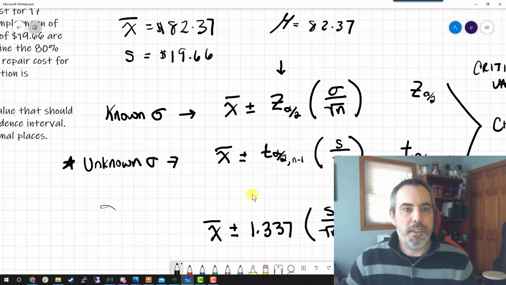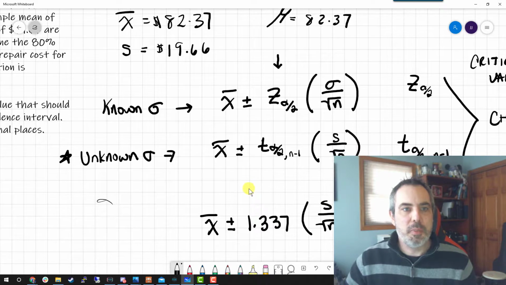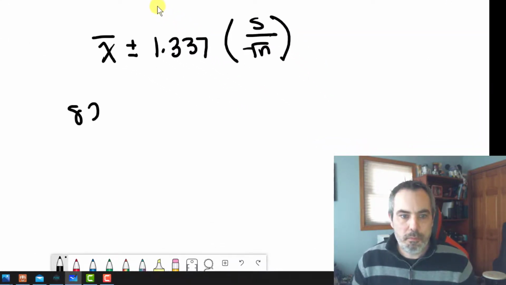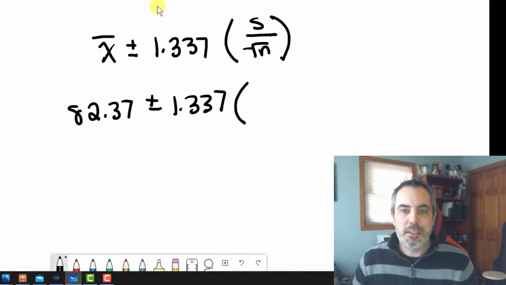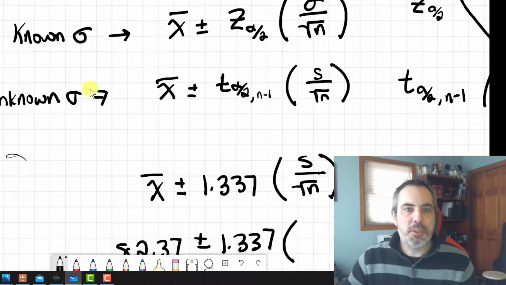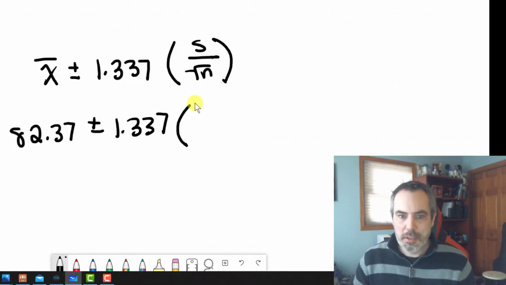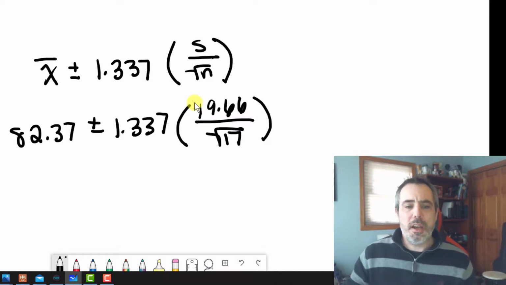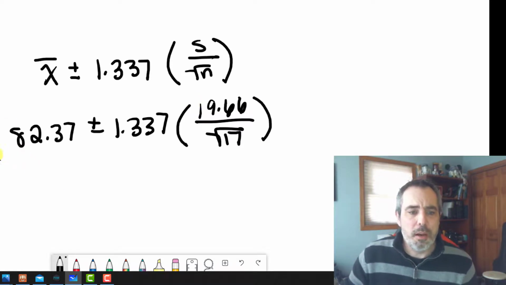And again, we had all that information here. The x bar was 8237 plus or minus 1.337 times the standard deviation, if I recall, was 1966. And we had selected 17 stereos.